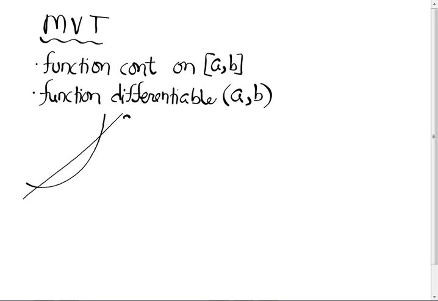Then you draw a picture here. This is the secant line. And it says the slope of the secant has to equal the slope of the tangent line. There's got to be someplace on here that if I draw a tangent line, these will be parallel. Okay, that's just it in words. What is the slope of the secant line?